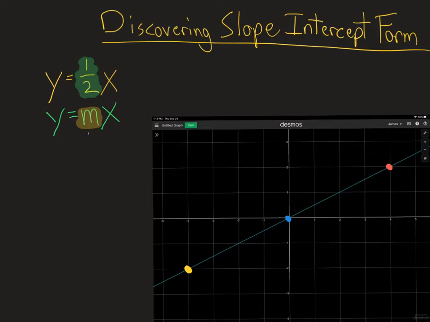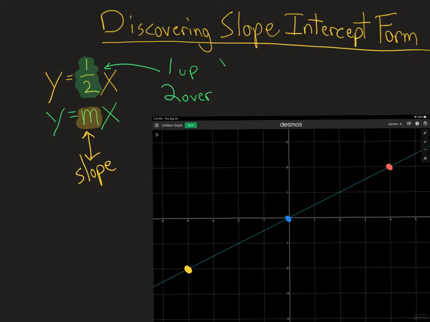And its name is slope. And again, we don't know why m is slope, but notice if it's right there, we don't need to do any calculating. The whole purpose is just to be able to count and say, okay, this slope is telling me I go 1 up and I go 2 over.